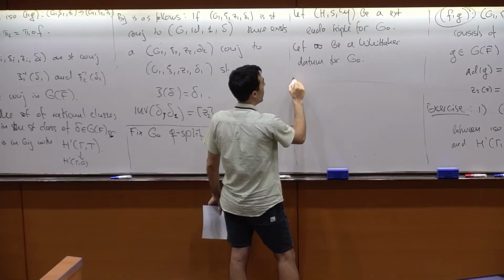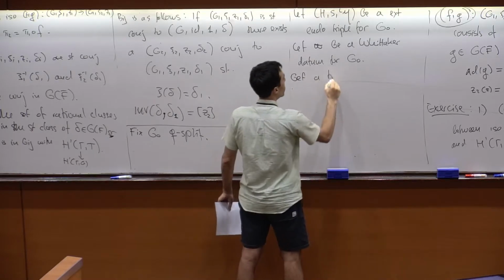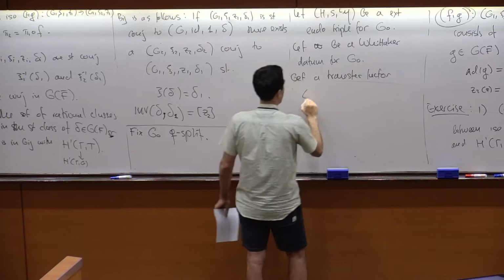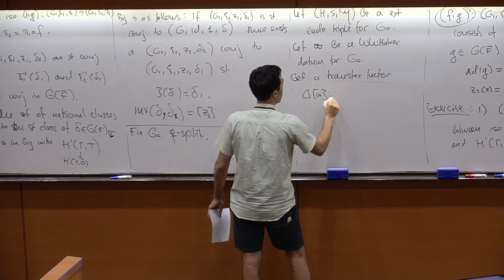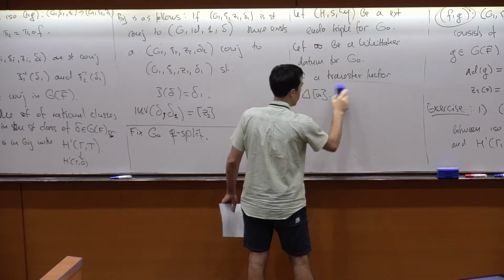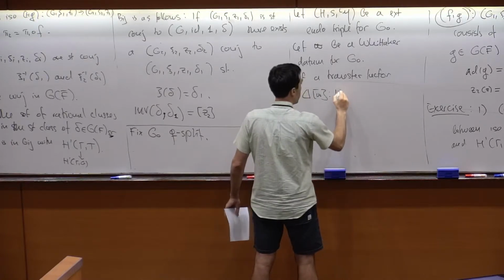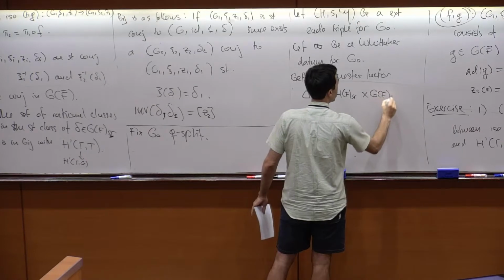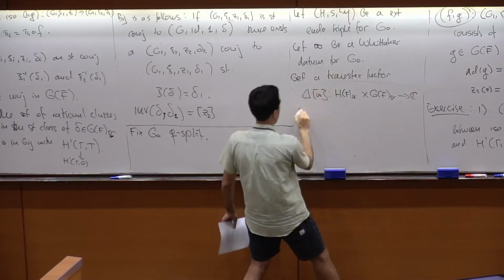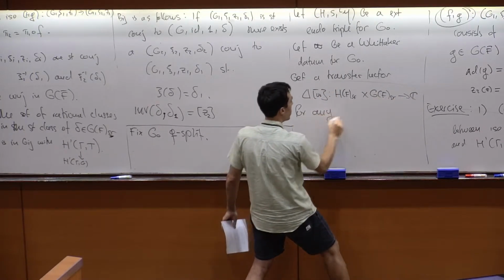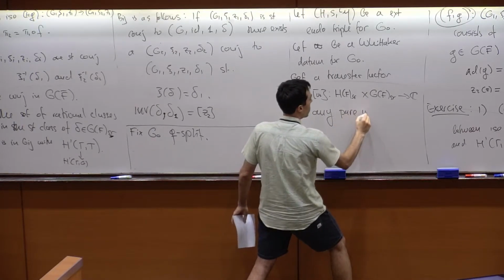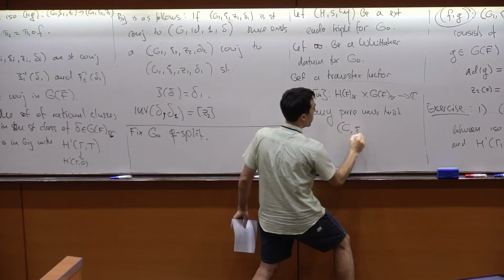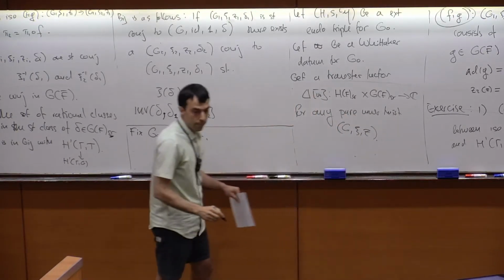Now what we're going to get is a transfer factor delta W from H(F) strongly regular times G(F) strongly regular, for any pure inner twist (G, psi, Z).